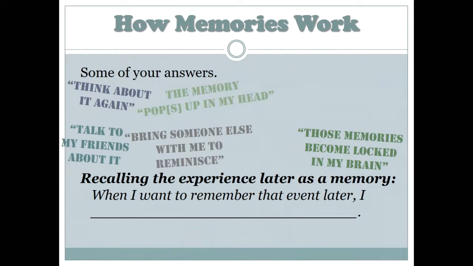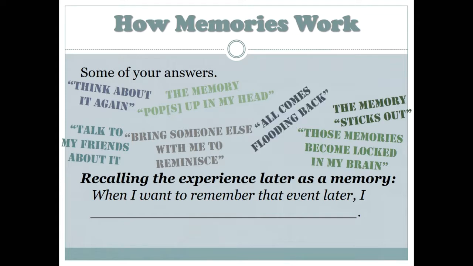But those memories just pop up in my head after I've thought about it for a bit, after I've talked about it a bit. And all the memory just sticks out somewhere in my mind, and it all comes flooding back. I can suddenly remember it again. It requires some effort maybe to think back, but it all comes flooding back, particularly maybe the emotions, feelings associated with it, but also all those details that you recorded that first time.